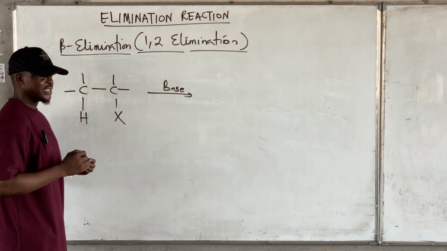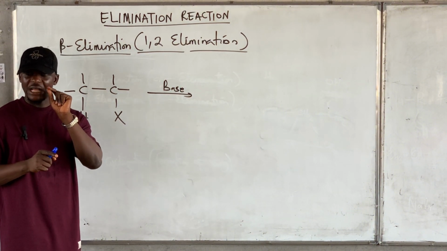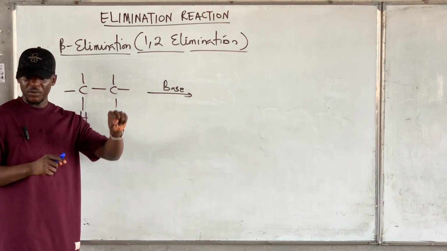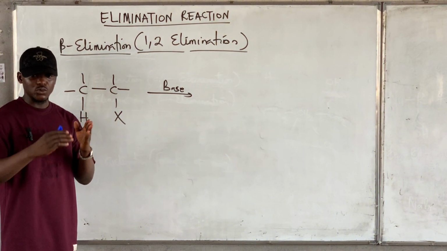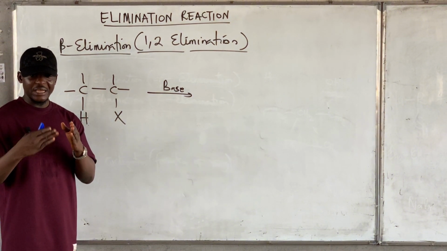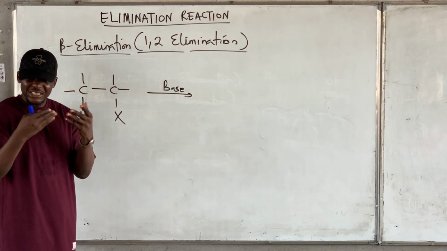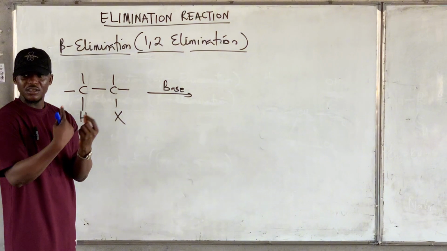Please remember when I said 1-2, it does not necessarily mean that the first atom removed must be from carbon 1. It simply means if the first one is coming out from carbon 1, the next one should come from carbon 2. If the next one is coming from carbon 2, the next one should come from carbon 3. Adjacent simply means carbons that are facing each other.